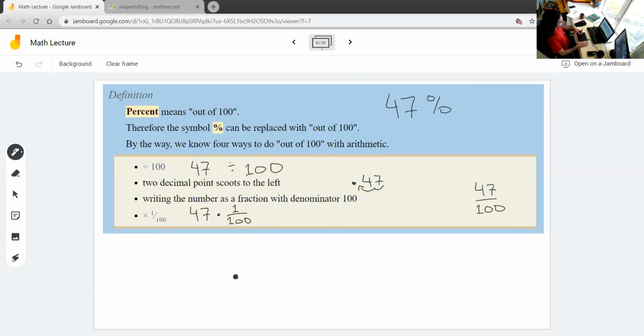So have this in your notes, and then we'll keep going and see all the different things we might want to do with a percent and one number. And in each situation, which of these 4 is the lazy one to do?